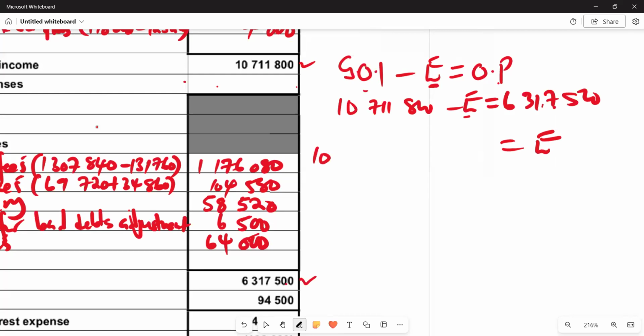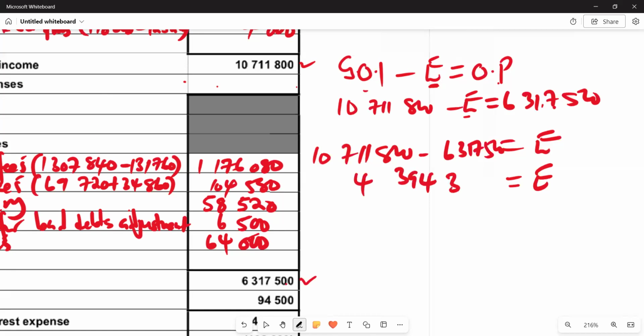Now it becomes 10,711,800 minus 6,317,500. So we are saying 10,711,800 minus 6,317,500. And then you get your answer there, which is supposed to be, for less expenses, for operating expenses, 4,394,300.